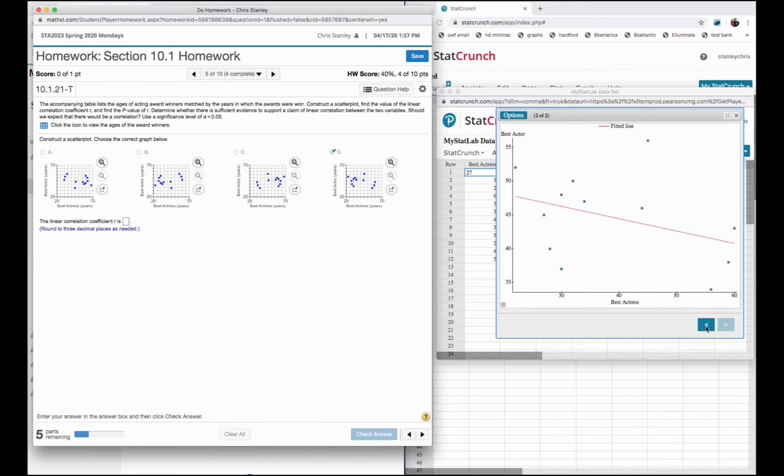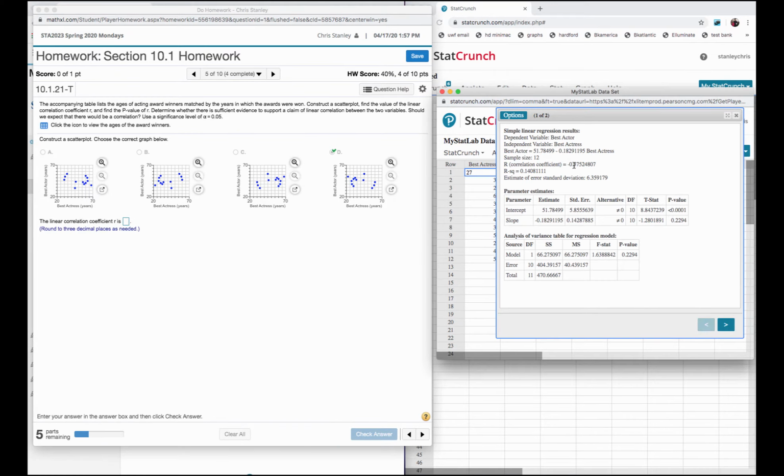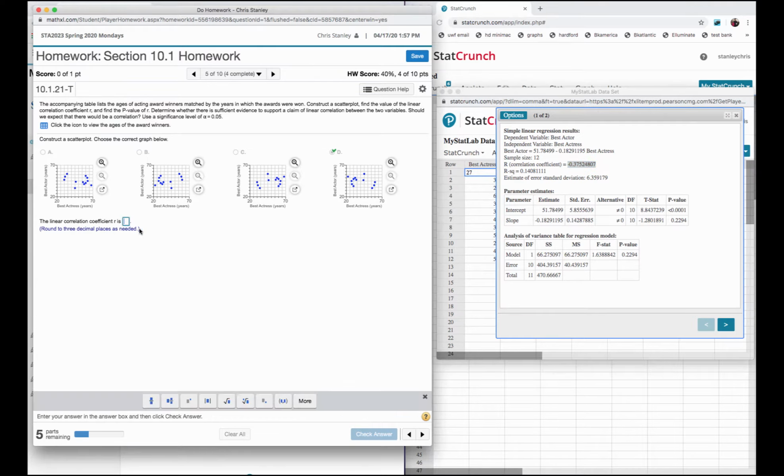Okay, to find the correlation, everything else is going to be found over here. So see there's a little bit of a negative there because it's going downward. Okay, I'm at 3 decimals again, so I'll keep the 5 there.